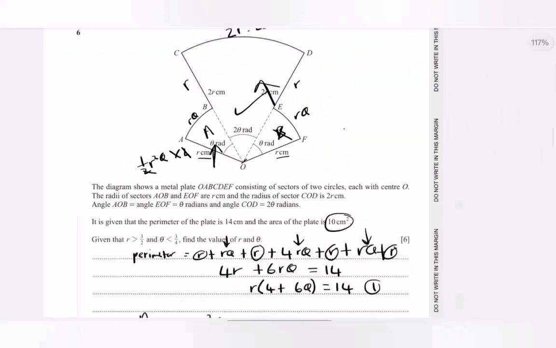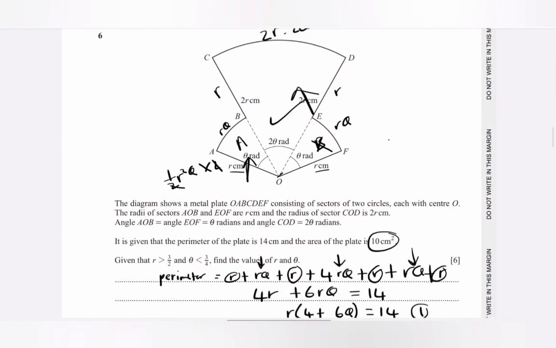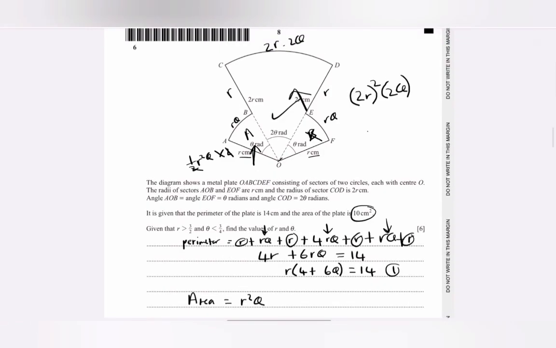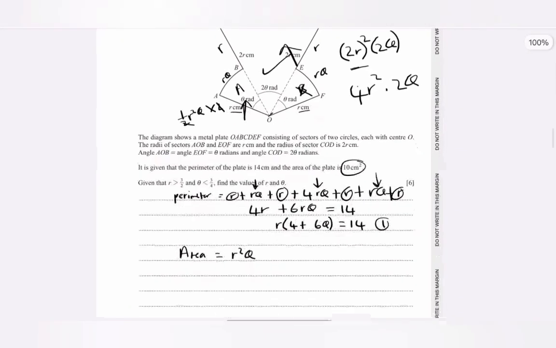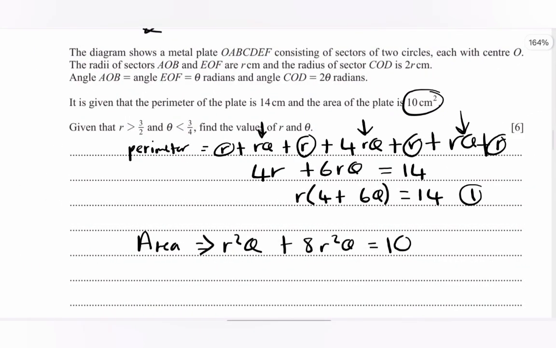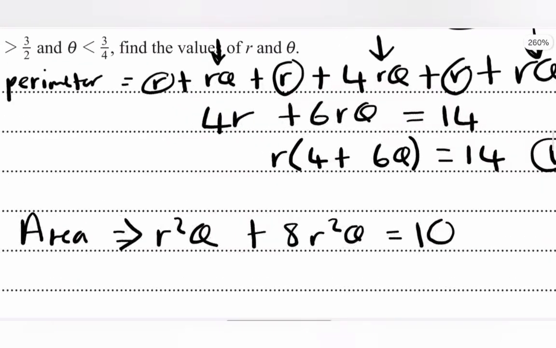And for this one, we're going to say half r squared, but our radius is 2r squared, and our theta is 2 theta, like that. So that will be 4r squared times 2 theta, which is 8r squared theta. So plus 8r squared theta should give us 10, like that.